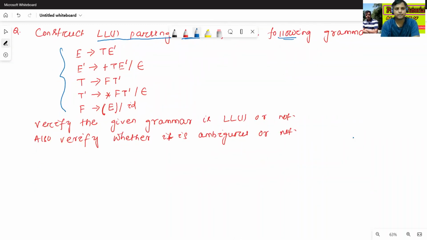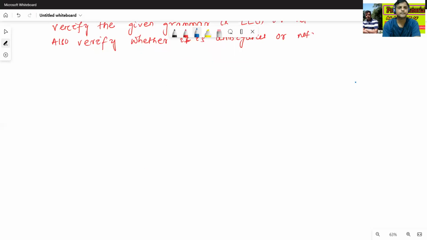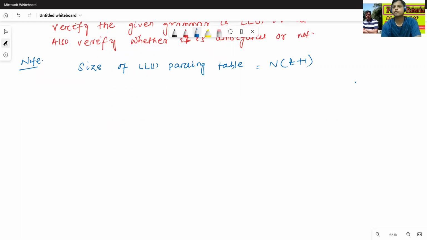One note point, remember this, this is very, very important. The size of the LL1 parsing table equals N into T plus 1.